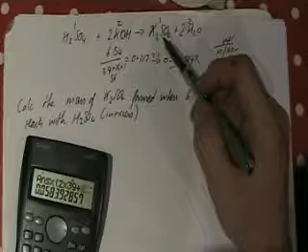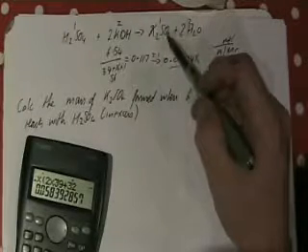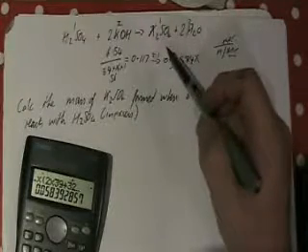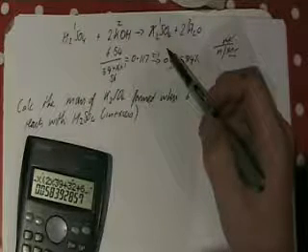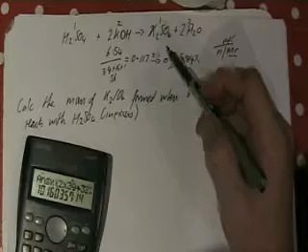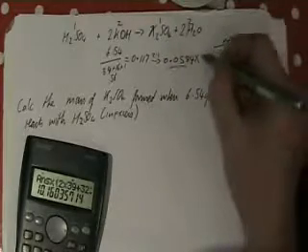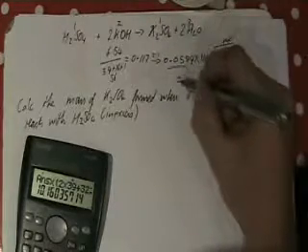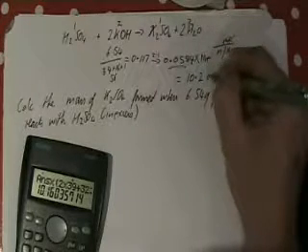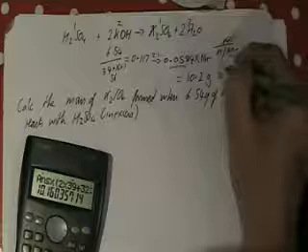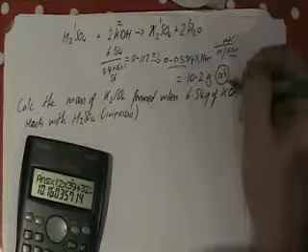We have sulphur, which is 32, and we have 4 oxygens. Each oxygen is 16, so 4 times 16, which is 64. And if we plug that in, it gives us an answer of 10.2 grams to 3 SF.